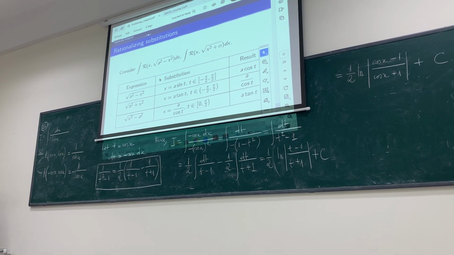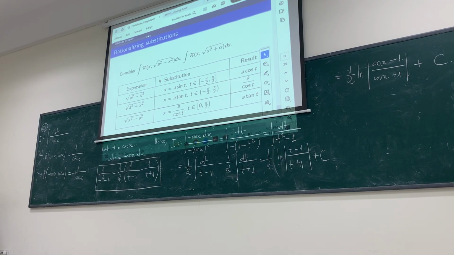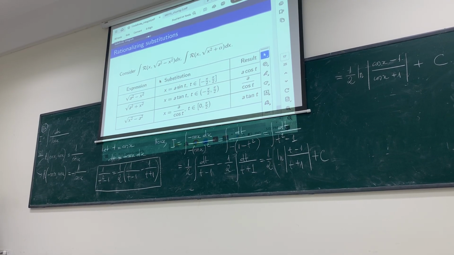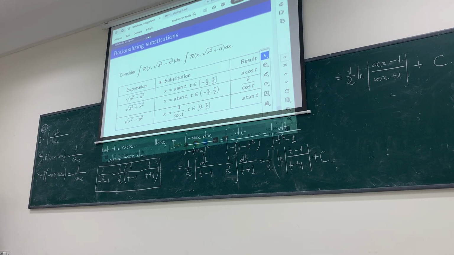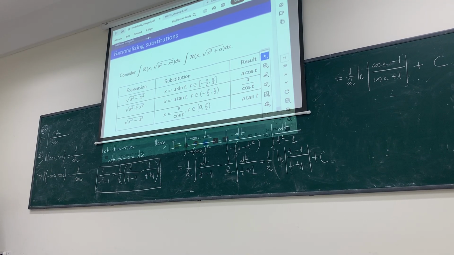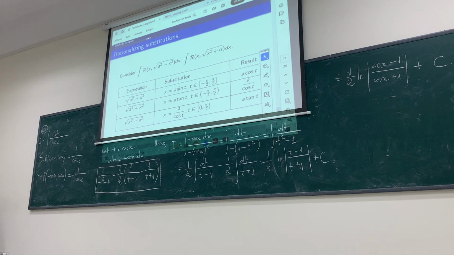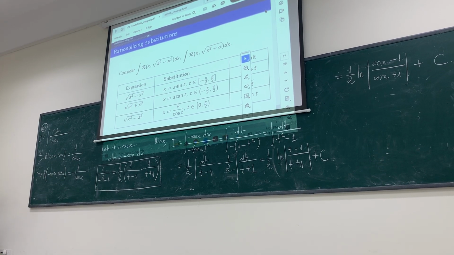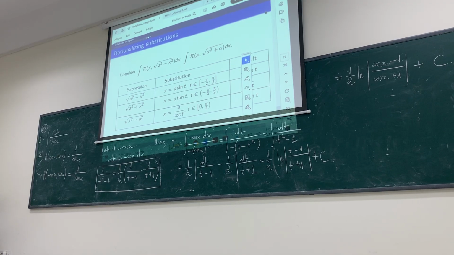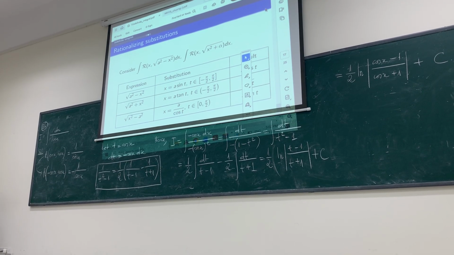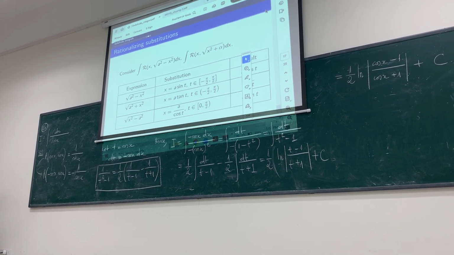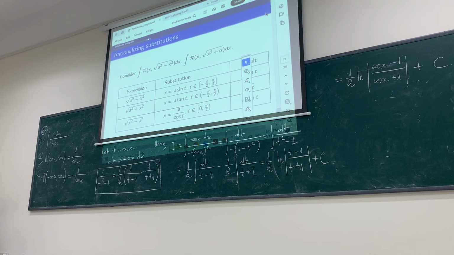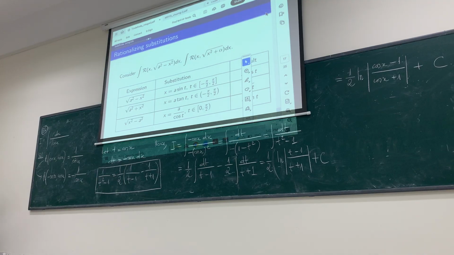Okay, now continue. We have some integrals we can estimate using rational functions. We have two integrals of this form, with the square root of a squared minus x squared, or the square root of x squared plus alpha.